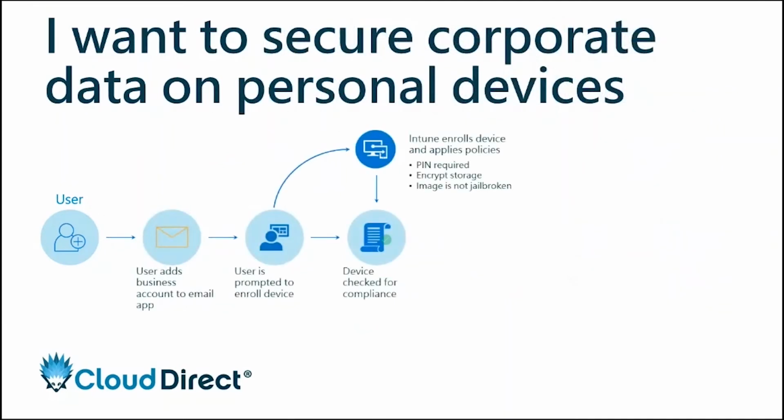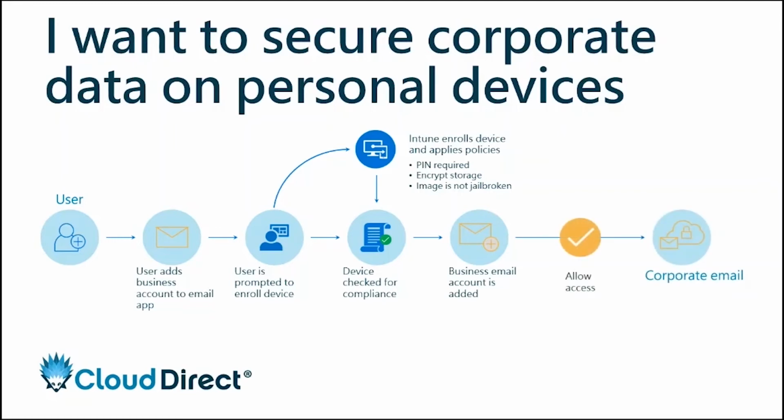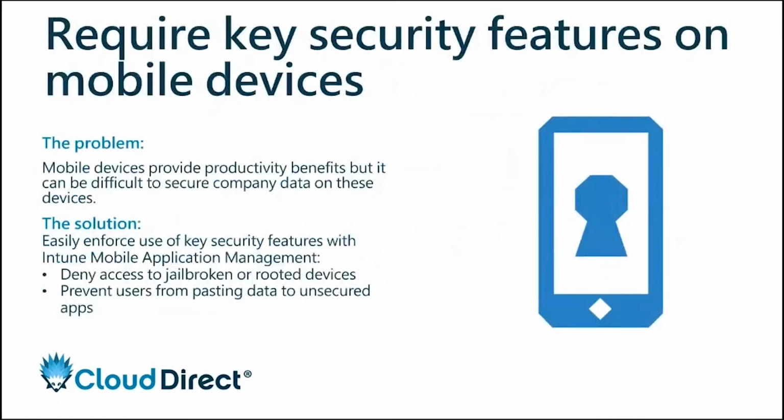Again, for personal devices, you can also do some checks in a much similar way around whether the device is jailbroken or not. So you can check the device is compliant before then letting the email account be added, and then you will access. I think two of the main scenarios that this protects against are productivity benefits, but also making sure people have security boundaries around the data, to make sure you're not going to lose control.